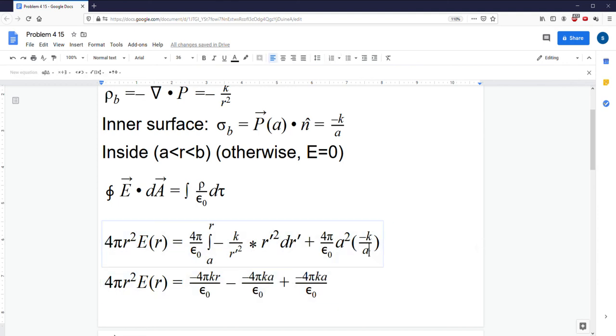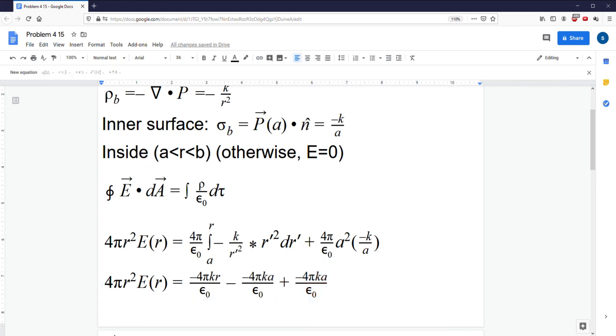And for this one, we have a 1 over A here and an A squared here. So one of those cancels and we're left with this. Now you'll probably notice that these two terms are the same, just with a different sign in front of them. So they will cancel, leaving this as the total charge enclosed in our Gaussian shell.